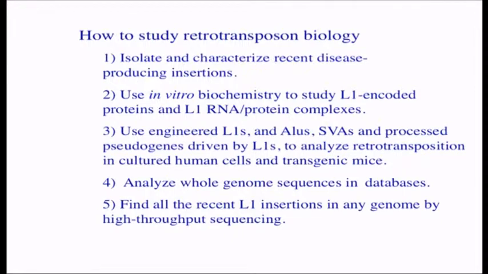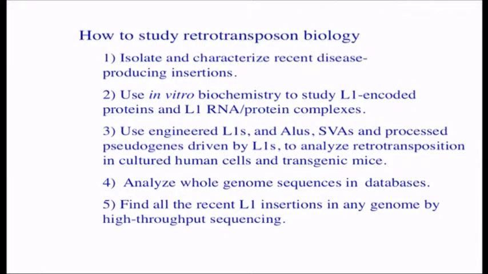So how do we study retrotransposon biology? Well, we can isolate and characterize recent disease-producing insertions in humans, and we've done that, as you'll see. You can use in vitro biochemistry to study L1 encoded proteins and the L1 RNA protein complexes, the so-called L1 ribonucleoprotein complexes.